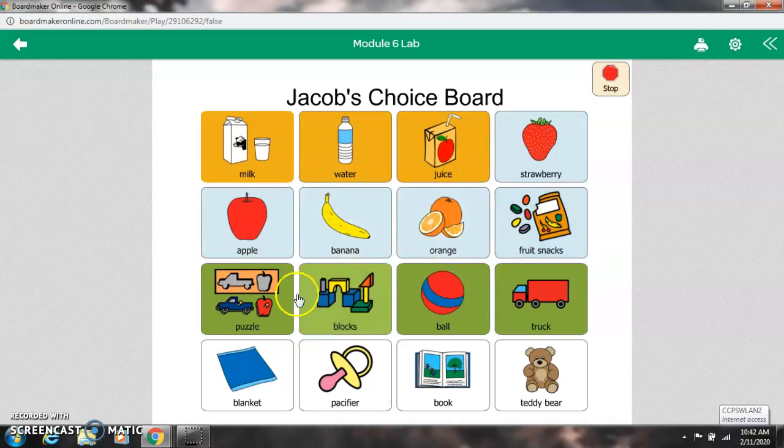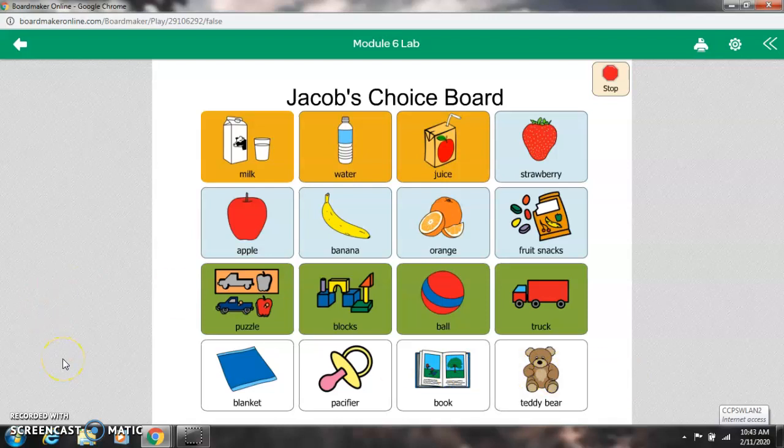Fruit snacks. Puzzle. Blocks. I want ball, please. Truck. Blanket. Pacifier. I want book, please. Teddy bear.